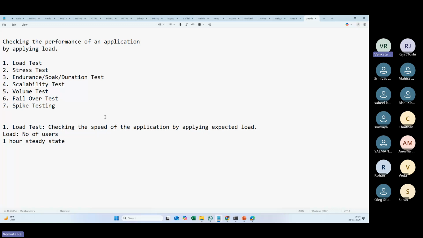Some clients will say, my application needs to be super fast, and every click you make, the page should load within 2 seconds. Some other client will say, I'm okay with 3 seconds also. Another client will say, because the project architecture and complexity is high, I'm okay with 5 seconds. So there will be some difference from project to project, but all in all, the general standard is 2 seconds.